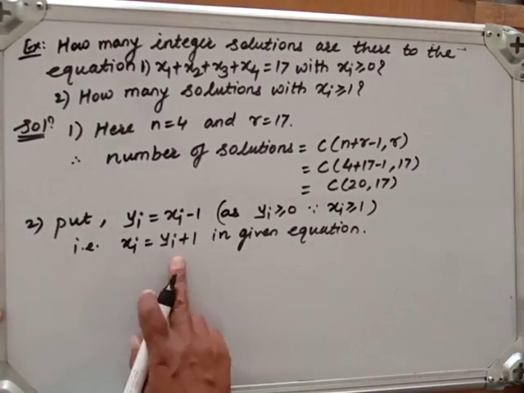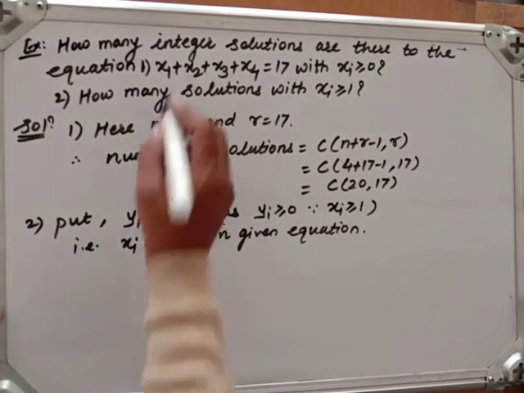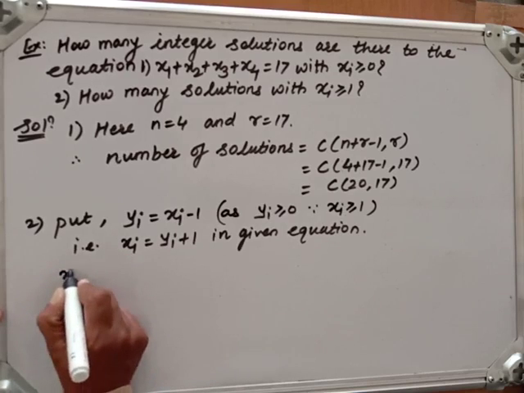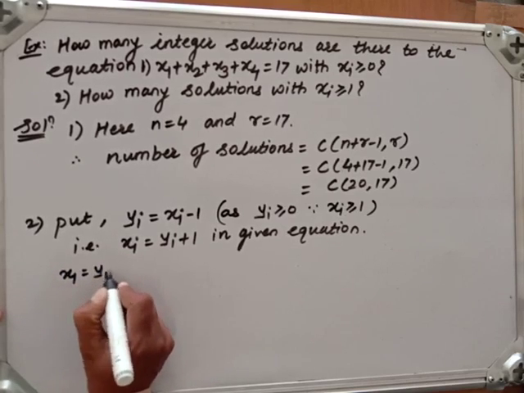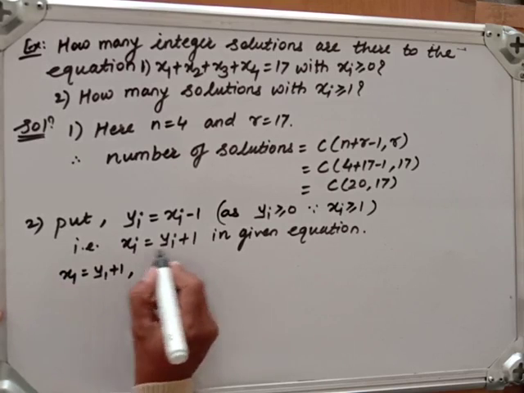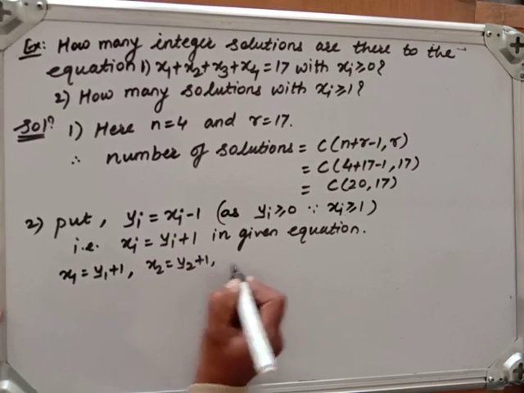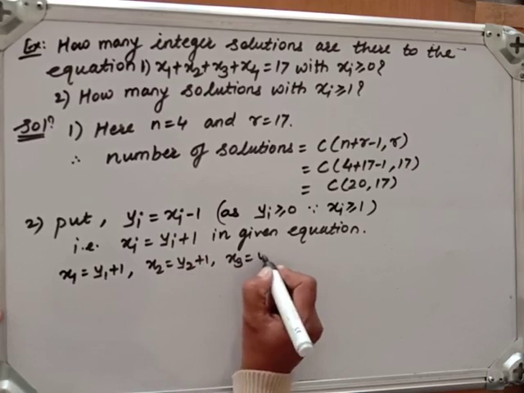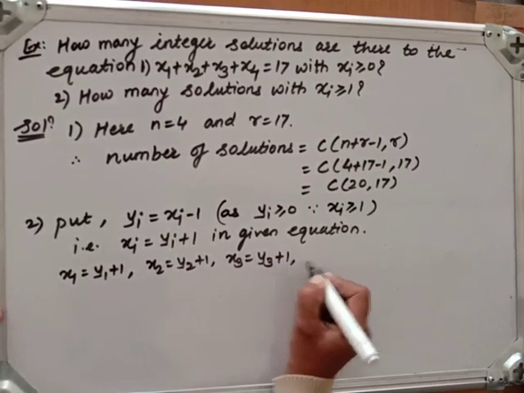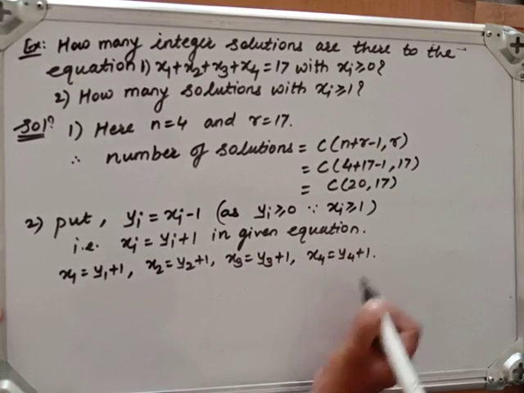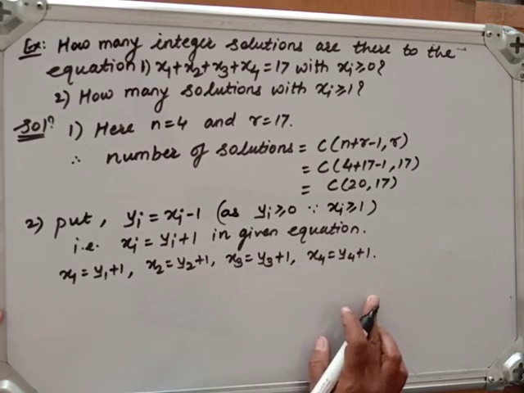After substituting this in the given equation, how does it become? Xi equal to yi plus 1. So x1 is equal to y1 plus 1, x2 is equal to y2 plus 1, x3 is equal to y3 plus 1, x4 is y4 plus 1.